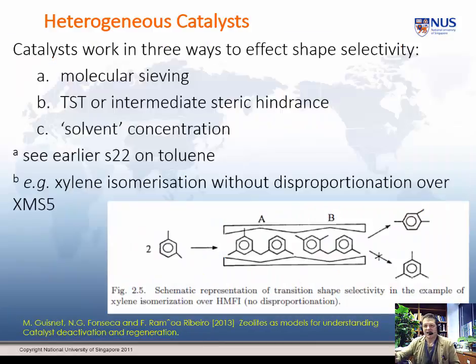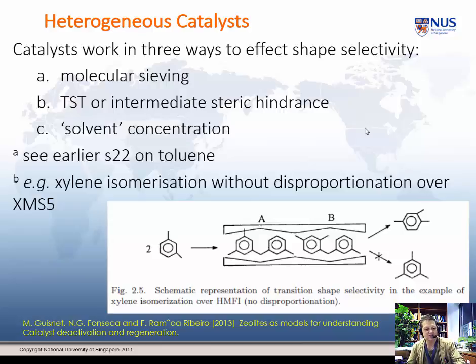Okay, so how do catalysts work to effect shape selectivity? Well, you've already seen with zeolites, effectively molecular sieving or the like. If you organise active sites in the right places in the structure, you can use transition state theory or steric hindrance of intermediates, again to move products sterically where you want them to be moved.